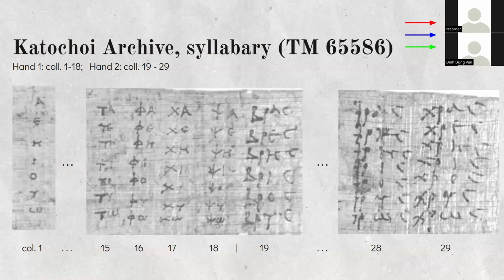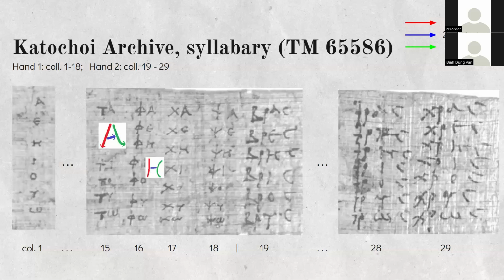I think I can find 2 hands, actually 2 people writing this syllabary, 2 students that between column 18 and 19 just switched. And the second one took the calamus or brush or the tool and continued.